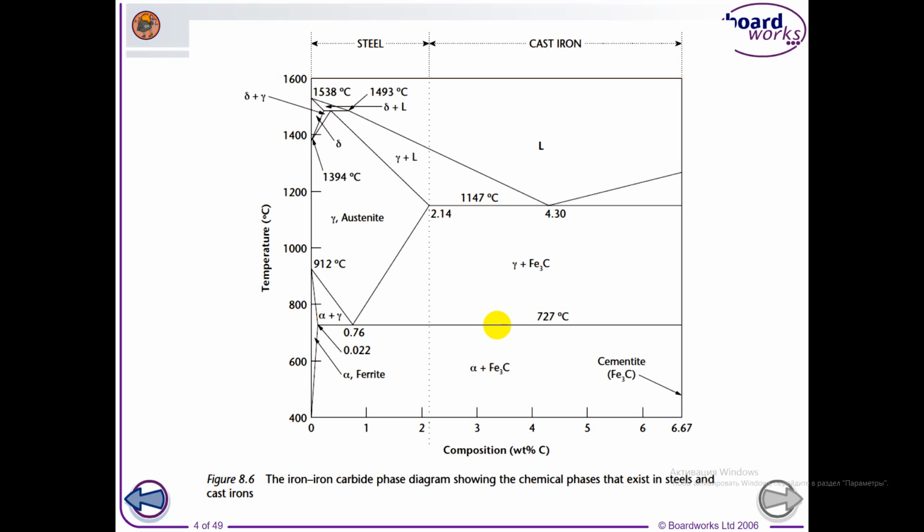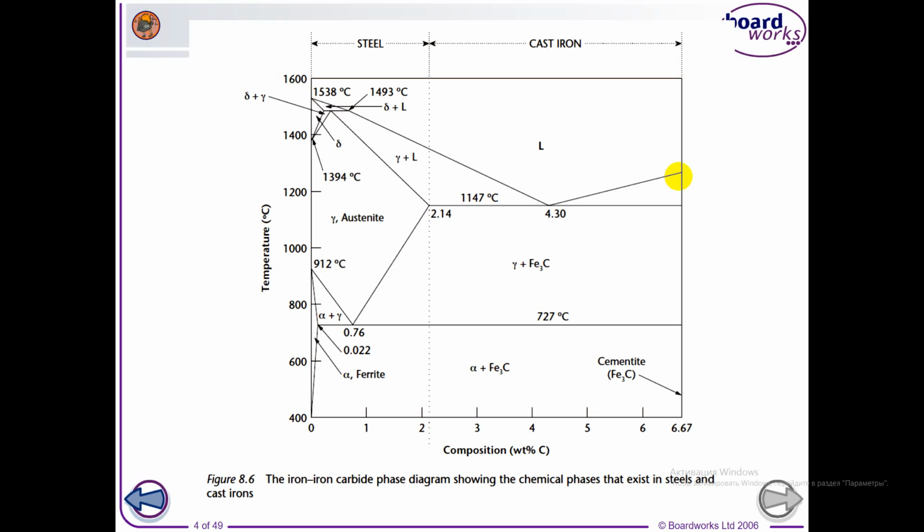The phase diagram above is only a portion of the iron-iron carbide phase diagram, which extends to 100%. However, the portion of up to 6.7% is of importance as it covers all steels and cast iron.